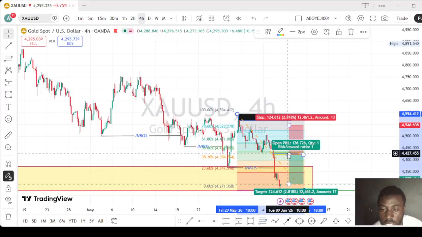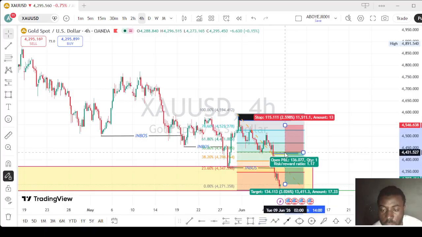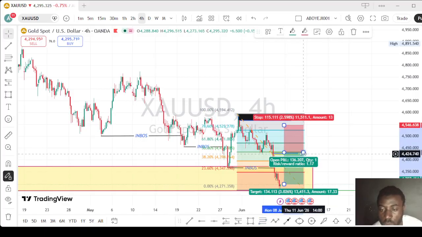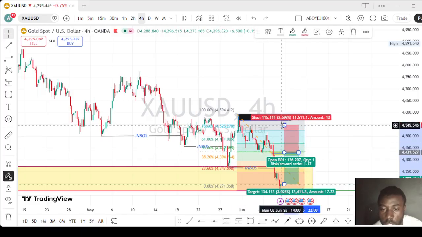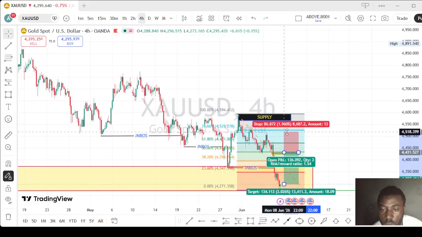You can still sell the market from here also. It's 50%. You can still sell the market from here also. And our stop loss will be over here. So this is what I'm seeing.